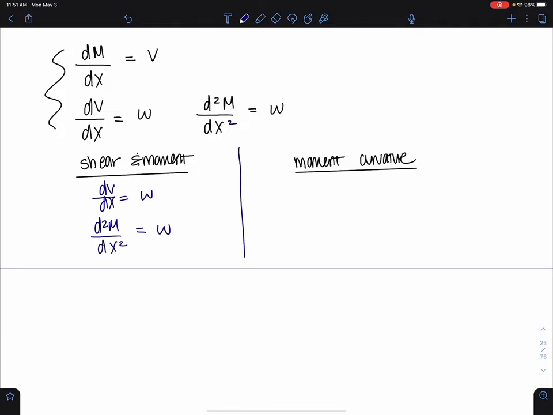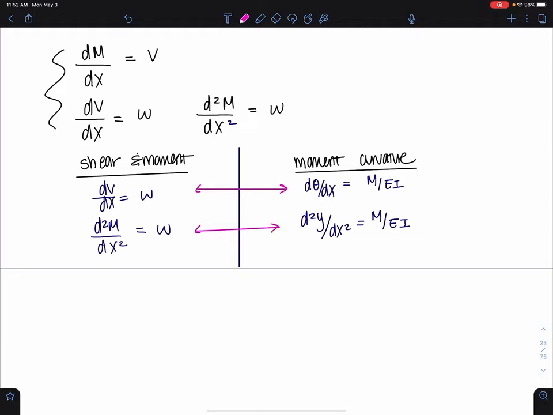And when we're discussing moment curvature, we have dθ/dx, which is the rotation, equal to M over EI, the moment curvature relationship. And then we have the second derivative of the displacement with respect to x, which is also equal to M over EI.